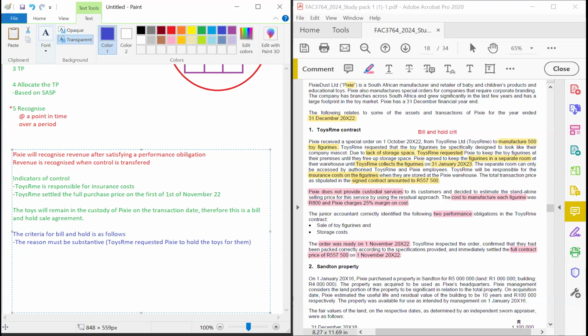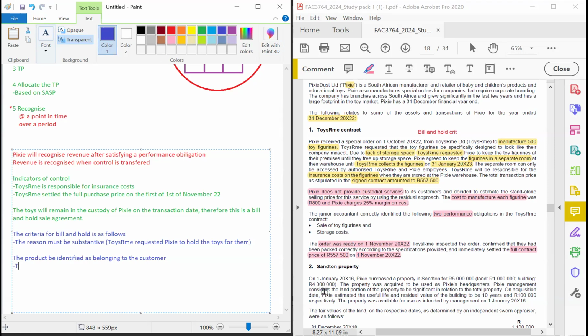Another criteria is that the product must be identified as belonging to the customer, right? So this is the criteria. The product must be identified as belonging to the customer. Now, how will this be identified? So Toys R Us confirmed that they had been packed according to the specifications, right?